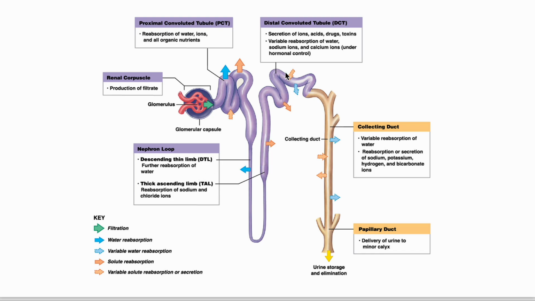And then in the DCT, we're going to see secretion of ions and acids and drugs and toxins. We may have some reabsorption of some things, and ultimately all of that urine ends up in the collecting duct, where again we could have reabsorption of water or reabsorption or secretion of things like sodium and potassium and bicarbonate, and then ultimately that urine will be delivered to the minor calyx.